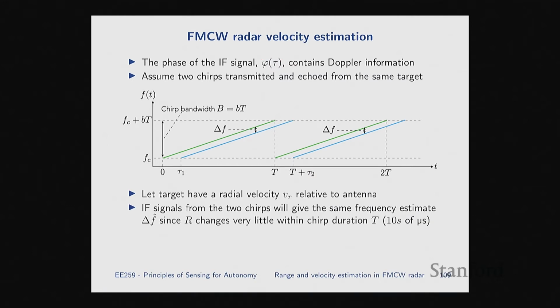Okay, so the target has some radial velocity v sub r relative to the antenna, and here we are assuming that within this small time T that has passed between the two chirps, the first chirp was sent at time 0, and the second is sent at time big T. Because this big T is typically very small, on the order of tens of microseconds, or sometimes even less than 10 microseconds for the types of radars we're talking about, the target does move if it has this radial velocity, but it doesn't move enough for that change in the target range to affect the IF frequency delta f.